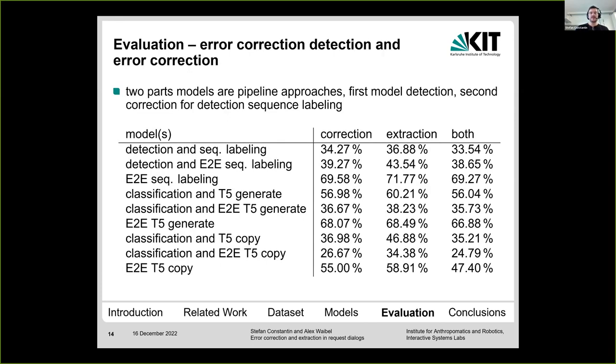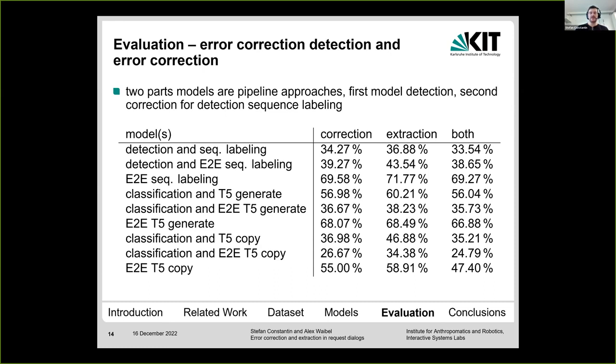For the error correction detection and correction evaluation, we use the same metrics as in the error correction evaluation, also the same accuracy metric. We use a pipeline approach with a sequence labeling approach as error correction detection component, because that was the best model for the error correction detection, and the particular model as error correction component, and an end-to-end approach with only one model that makes the error correction detection and the error correction at once.